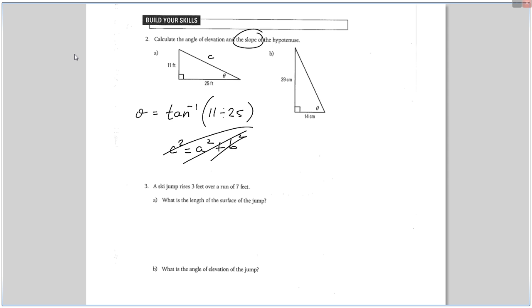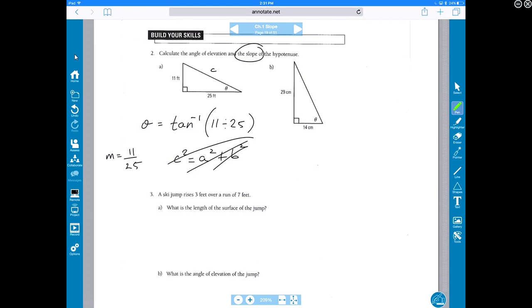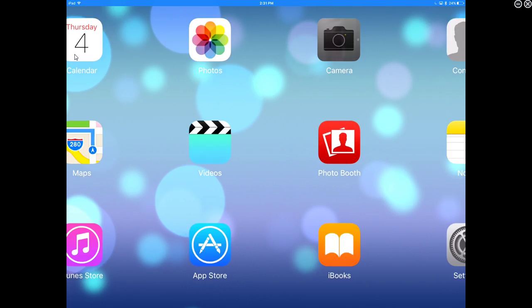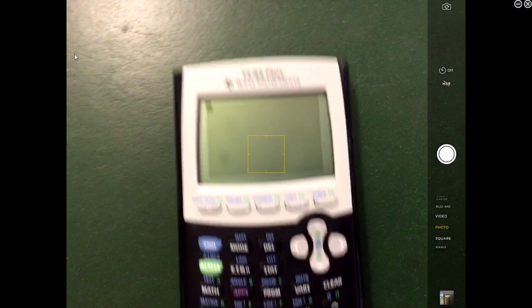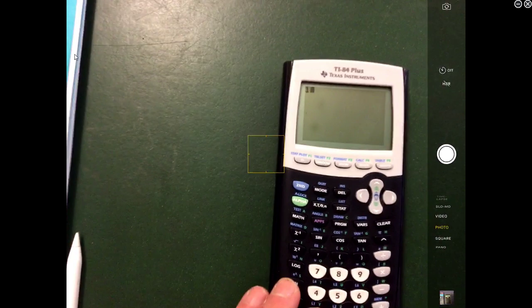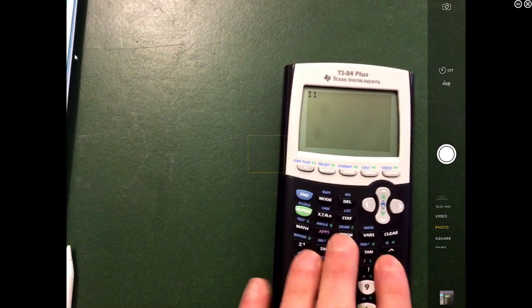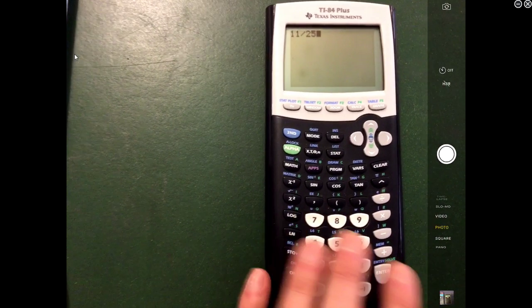Okay? So slope is super easy. You just go 11 over 25. Okay, so in my calculator, let's see what I would do. I'd go 11 divided by 25.